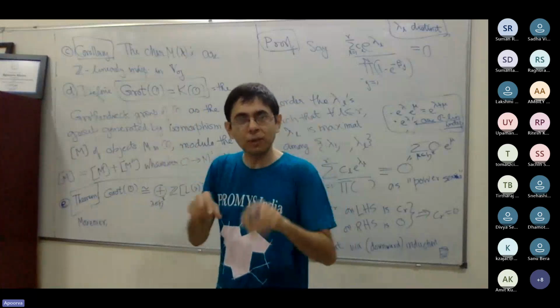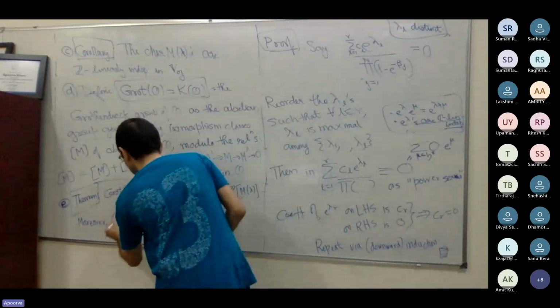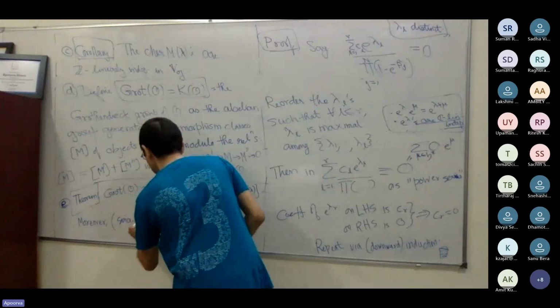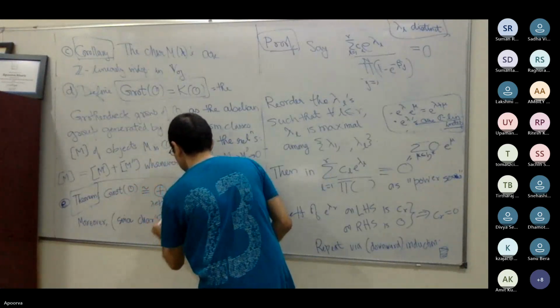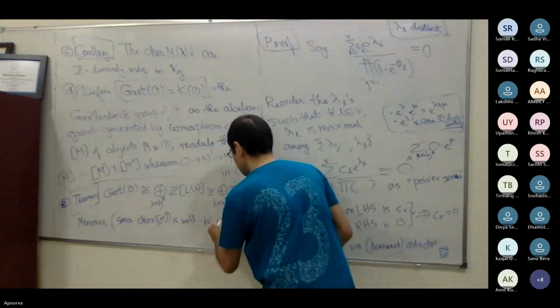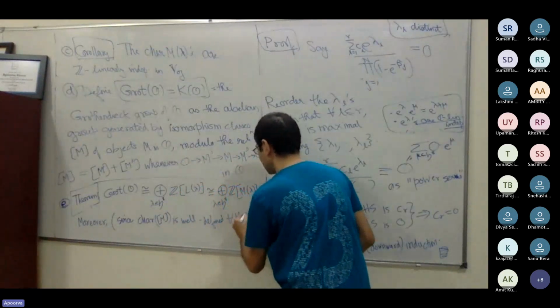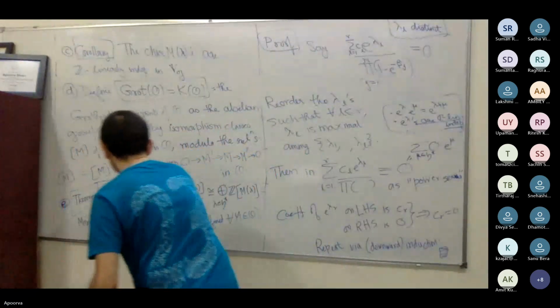It is well defined from the isomorphism class of a module to the vector space. So this character is well defined for all M in category O.